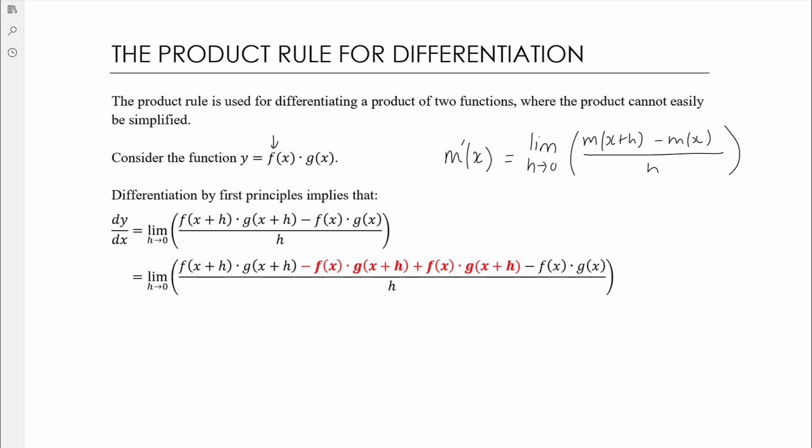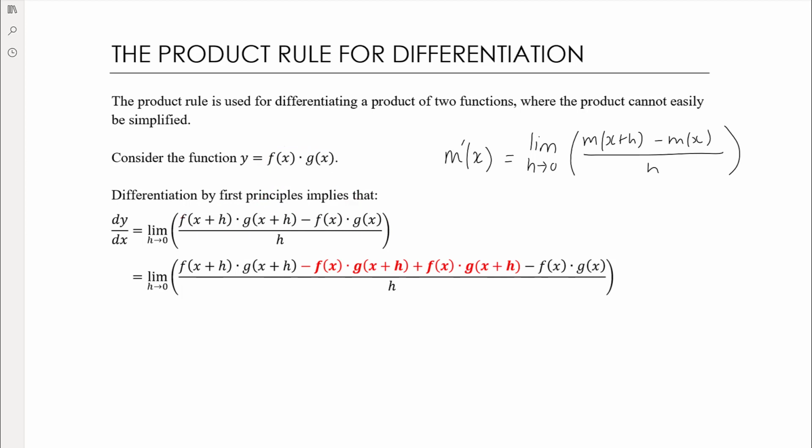So we want to have a look at doing that for this function. Therefore, we need to think of this function at x plus h, which is that, minus this function at x, which is that, all divided by h, and taking the limit of that as h approaches 0.